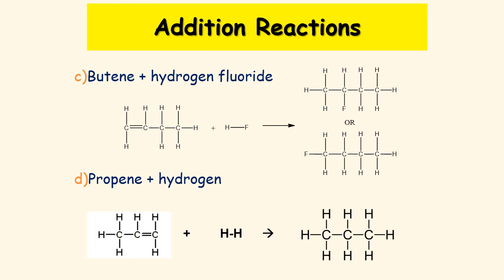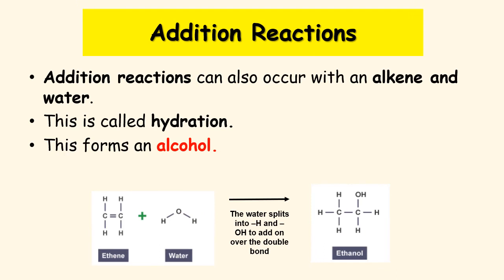And those two products are called isomers of one another. So just be cautious that sometimes an addition reaction can give you two different products.